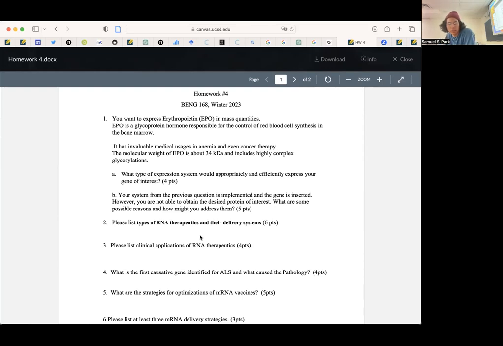You want to express erythropoietin, EPO, in mass quantities. EPO is a glycoprotein. Do you remember what glycoprotein is? So like glycolysis.